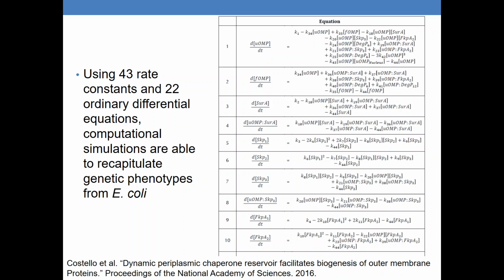Every single protein that I showed you on that previous slide, you could modify or control the concentration of, and that would allow you to recapitulate genetic phenotypes that have been experimentally determined in E. coli. So we can use the available rate constants, do some math, and make predictions that are supported by biological experiments. Really, really cool.